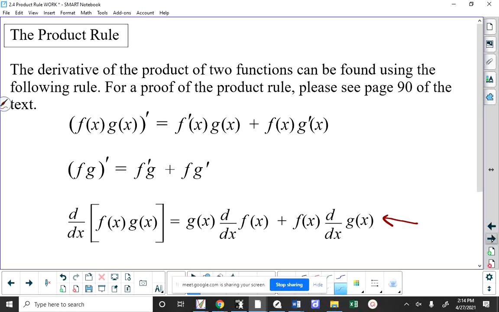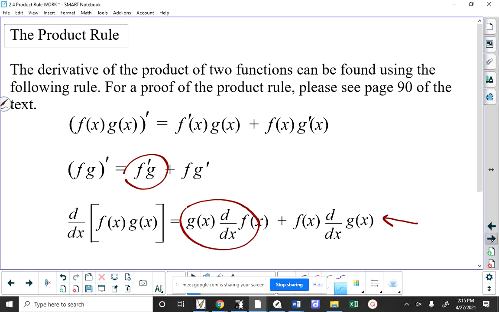d dx of f of x times g of x is d dx of f of x multiplied by g of x plus f of x multiplied by d dx of g of x. Notice, when you compare these with these, do you see that what I've done is I've switched the order of the f prime and the g here?